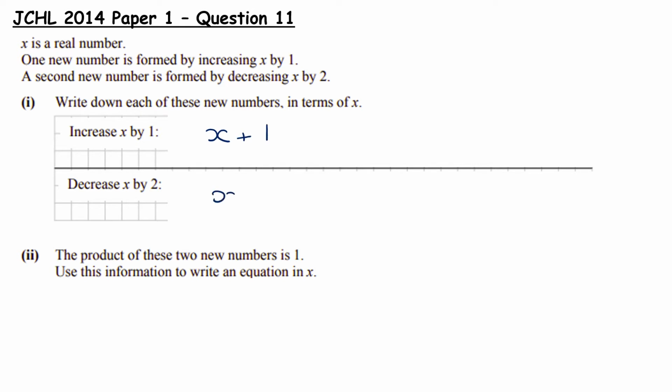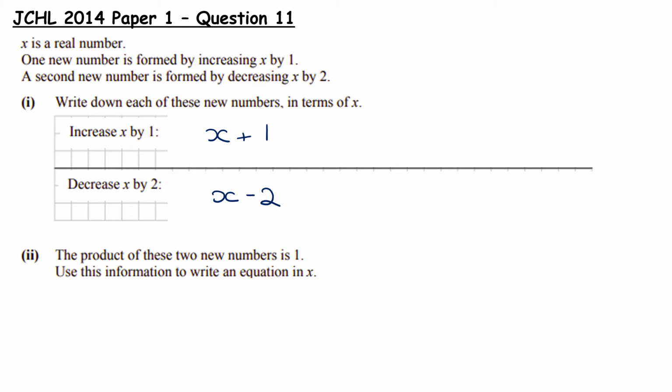Decrease x by 2 is x minus 2. Just be careful. Sometimes when you hear the word by, you might go straight to multiplication. That's not correct. We would talk about the word times. When you see times, that's when multiplication comes into play. Increasing and decreasing tends to be adding and subtracting.